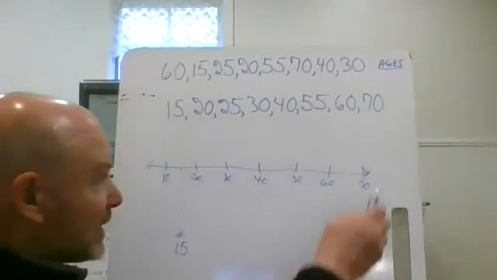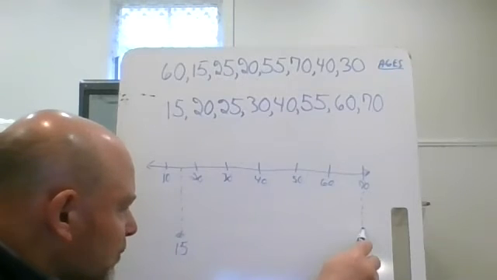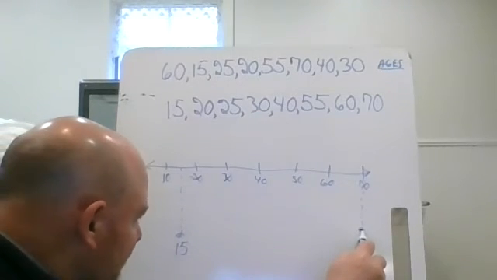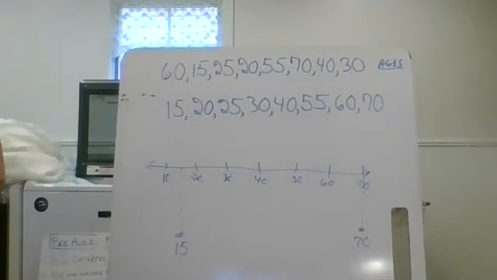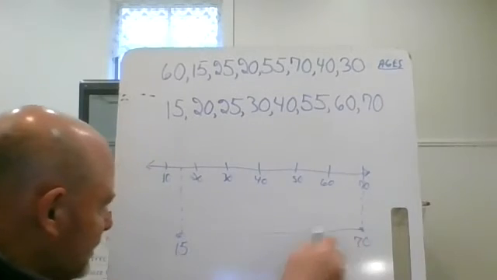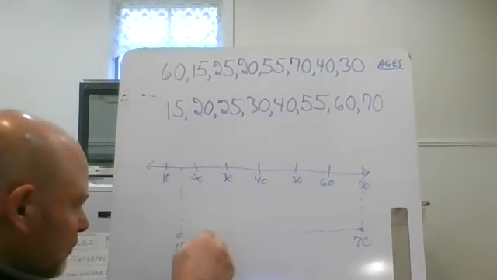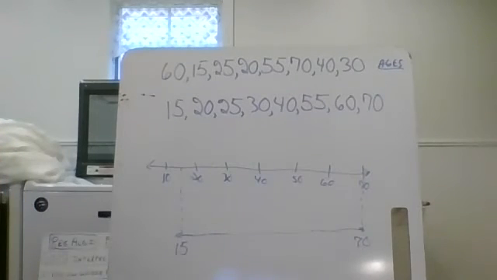Then we took the maximum value, 70, which is right here, put it opposite 15 and make that 70. And then you connect with a straight line from 15 to 70. That's our segment on which we're going to make the box and whisker plot. All right, start with the min and the max.